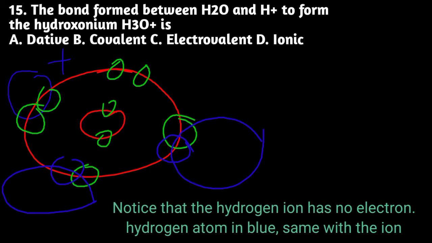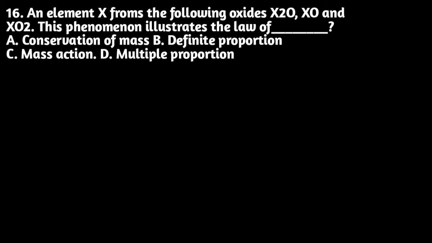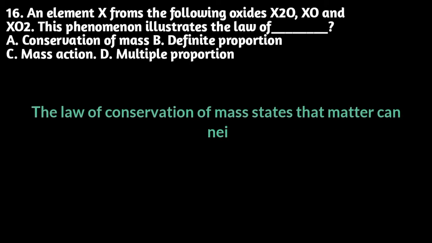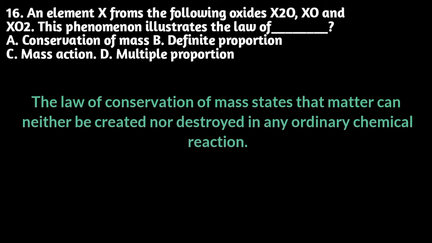Question number 16. An element X forms the following oxides: H2O, SO, and SO2. This phenomenon illustrates the law of dash. Conservation of mass is a law that states that no substance is formed during a chemical reaction, neither is any destroyed. The same thing is applicable to conservation of energy, but that's not what we are discussing.